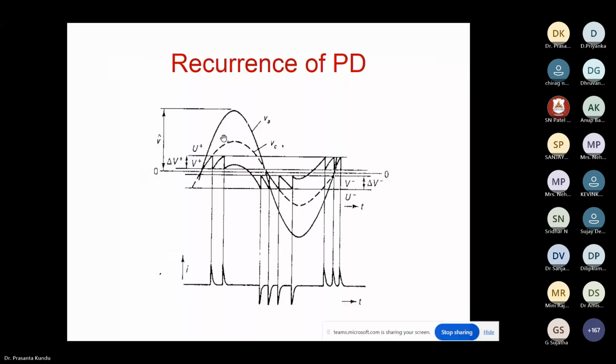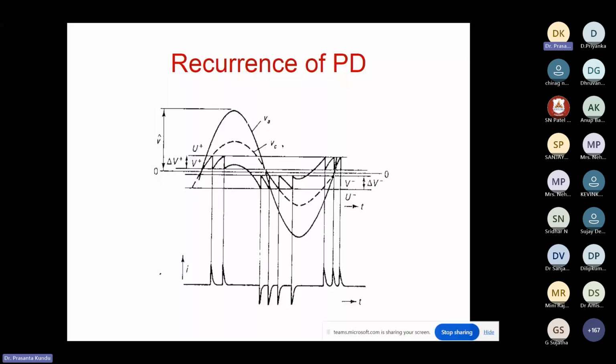C is the voltage across the void, and PD will occur where the localized stress is higher. Now this U plus and V plus, U minus and V minus indicate the voltage at which partial discharge will occur.